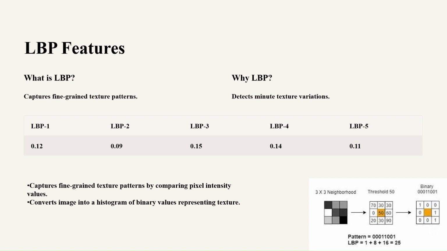It captures the structural pattern in the fabric and is particularly useful for detecting defects in the fabric. The binary values normalize the values and detect the minute texture variations which are there.